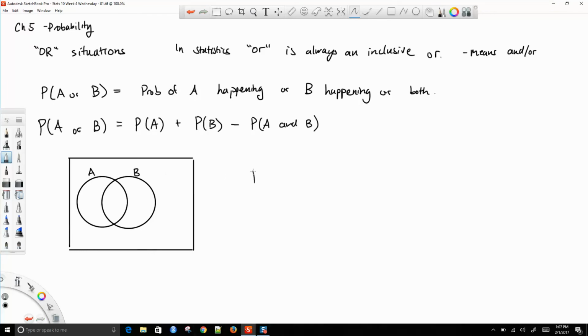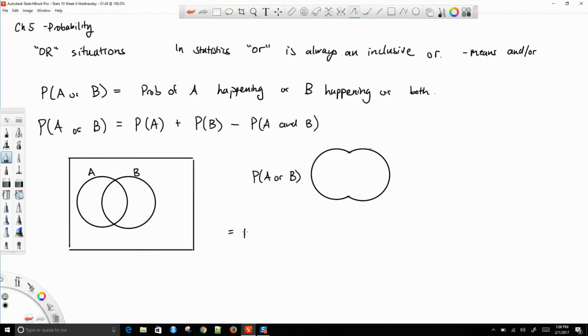Okay, so the probability of A or B is equal to this entire area here. So that's the probability of A or B.